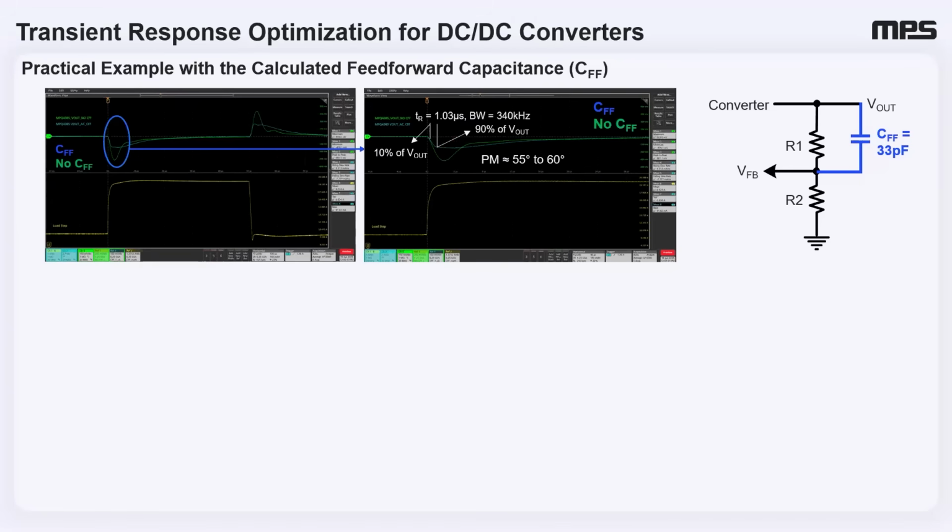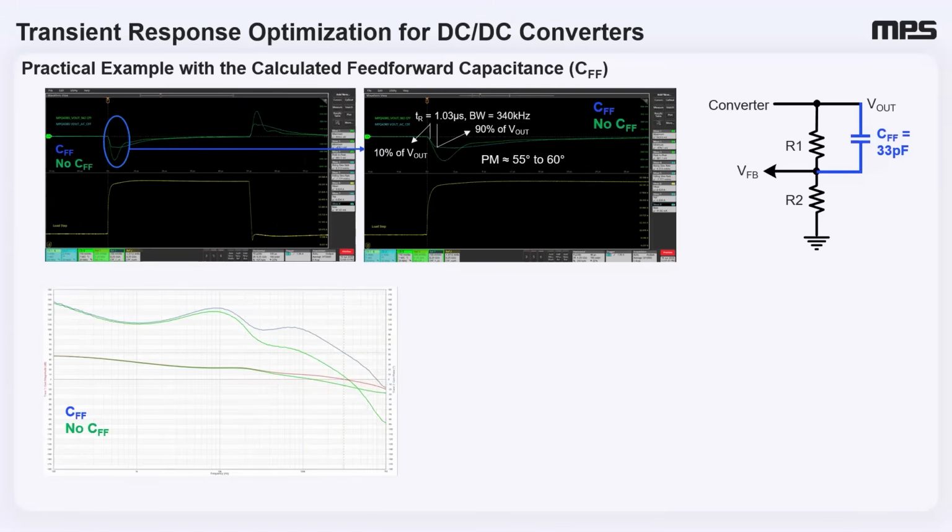To understand why this improvement occurs, let's look into the frequency response plot. This Bode plot illustrates the impact of feed-forward capacitors from the control loop perspective. The green trace here represents the loop response without CFF.